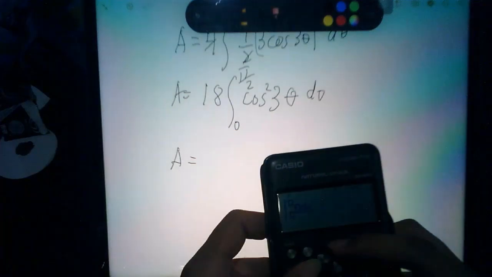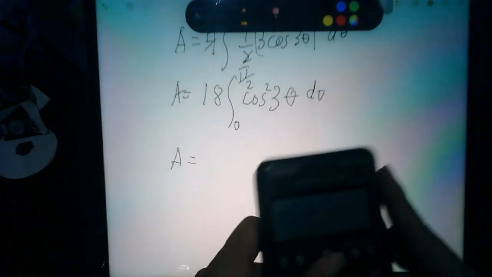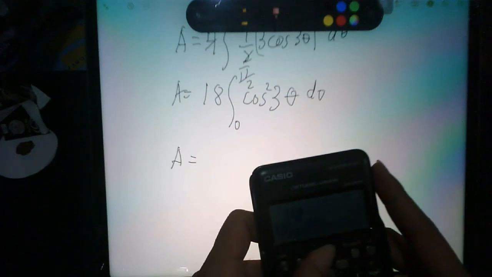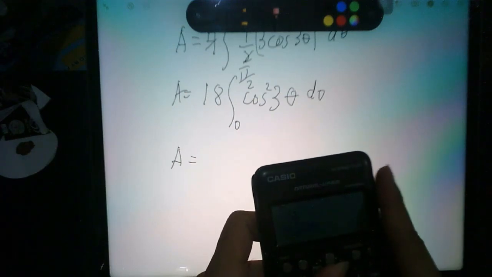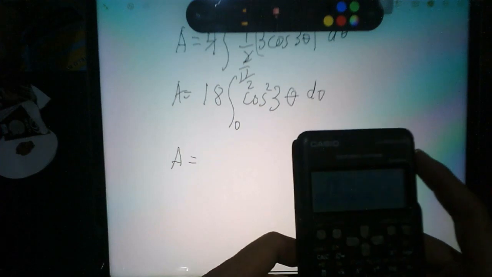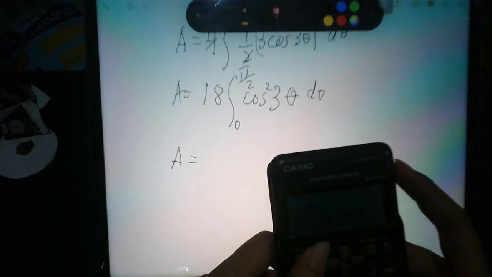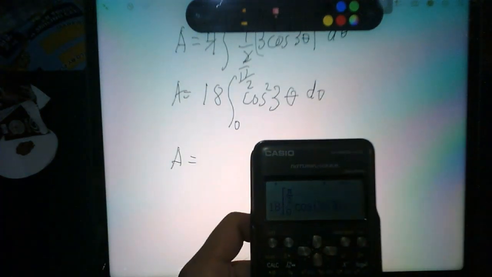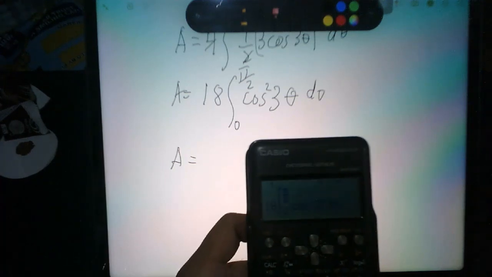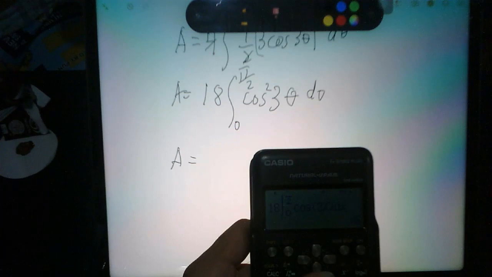So the integral of, let's put 18 here outside. 18 here is just 2 times 9, so 18 integral from 0 to pi over 2 of cosine of 3x dx. Now we press equals. Our answer here is equal to negative 6.